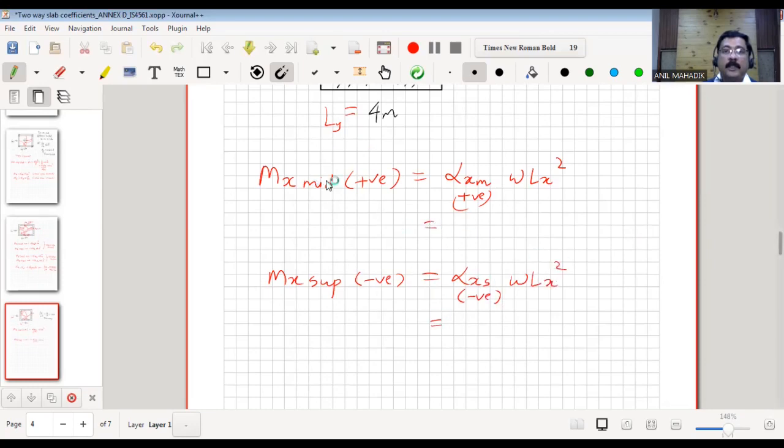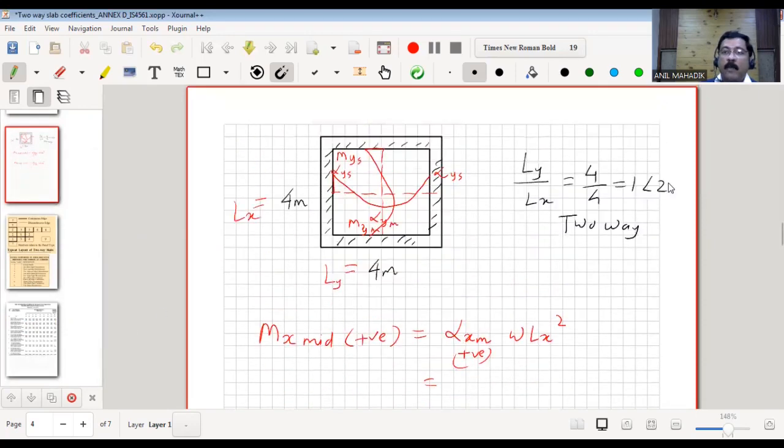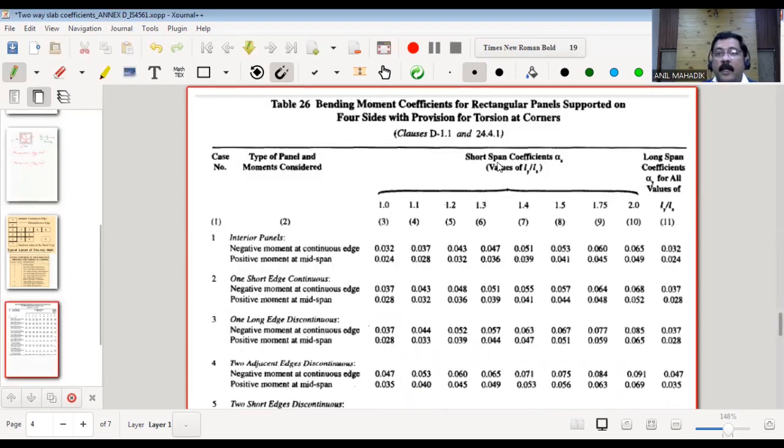Now let's see this in the IS code. So alpha x positive I want. And we know that Ly by Lx is 1 here. Ratio is 1. Okay. So here you can see Ly by Lx values are given here 1, 1.1 and so on. So in our case, this is our Ly by Lx ratio.